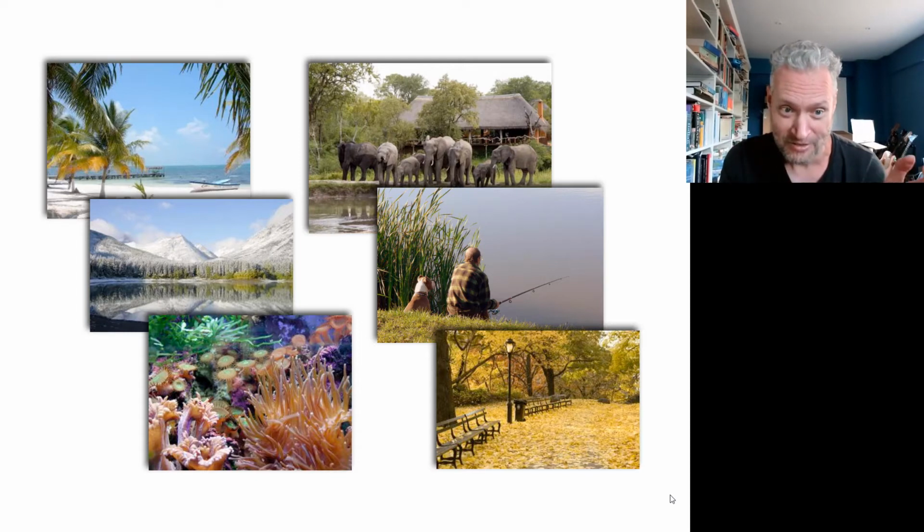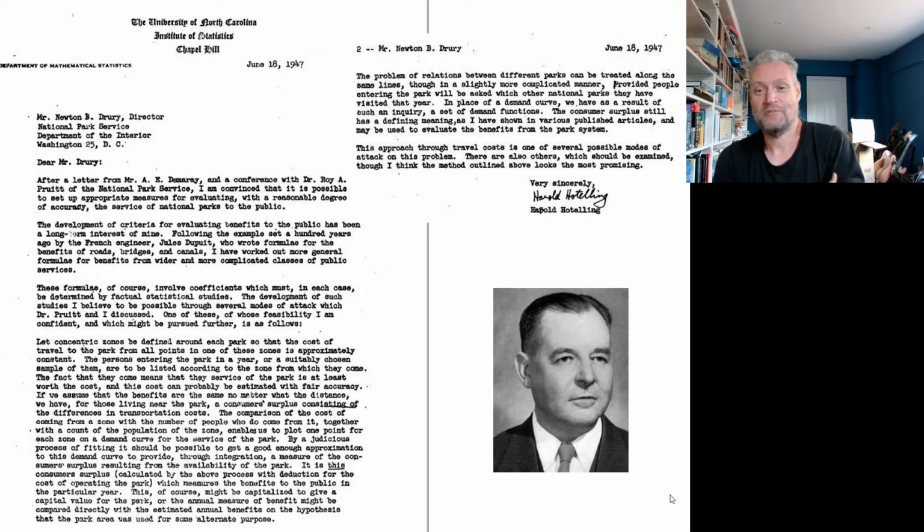And the reason that people like to travel is because they like to visit beautiful places that you see depicted here. And the travel cost method was proposed originally by Harold Hotelling, who we've come across before.